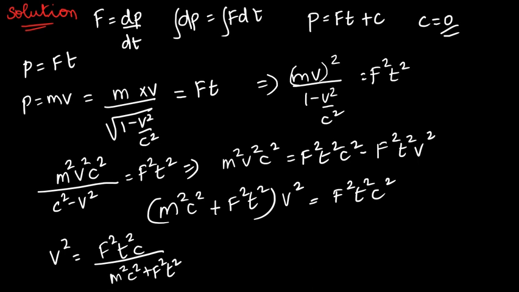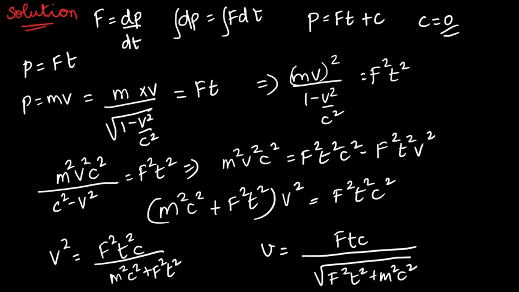So at last your speed will be Ftc divided by root over m square c square plus F square t square. So this is a very simple problem.